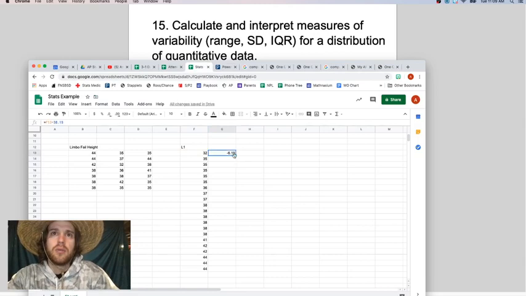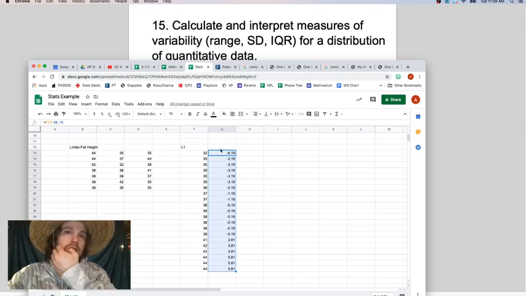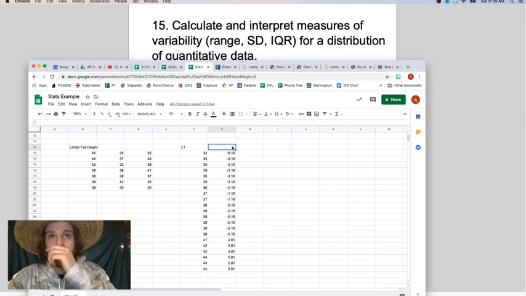So that should be below the mean, and I'm going to click and drag that all the way down. All you'd have to do on yours is say L2 equals L1 minus 38.19, and you can do this in multiple steps if you'd like. Okay, and then we're going to take all of those values and square them.